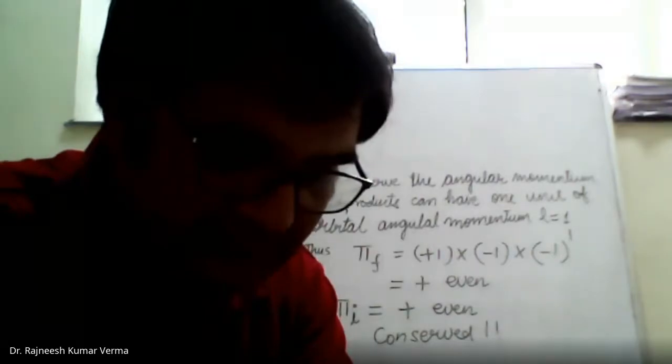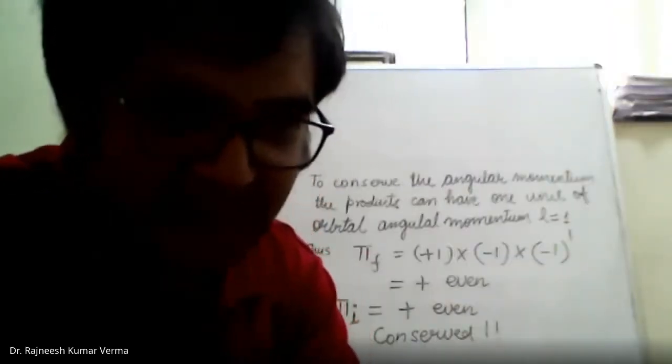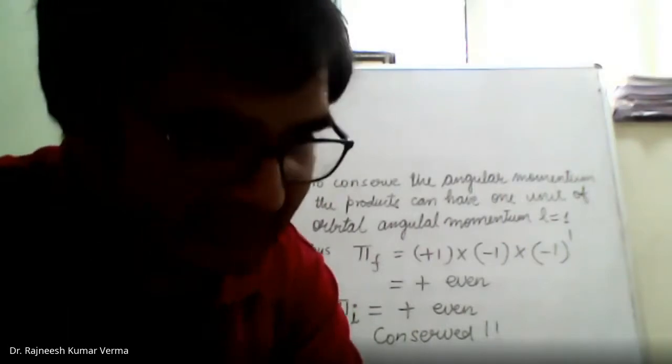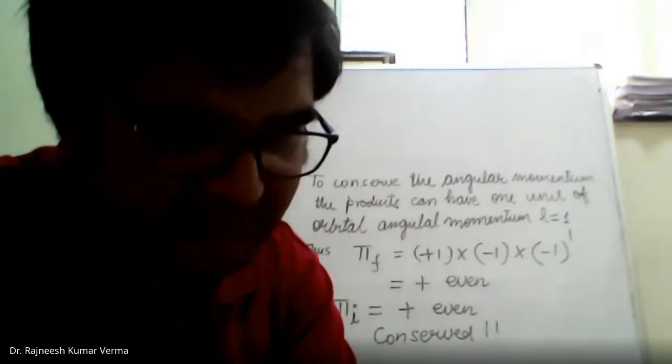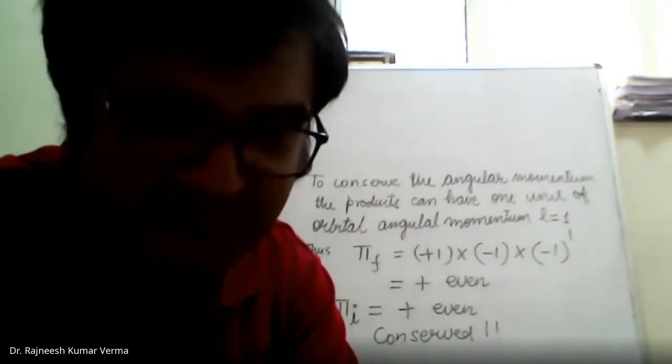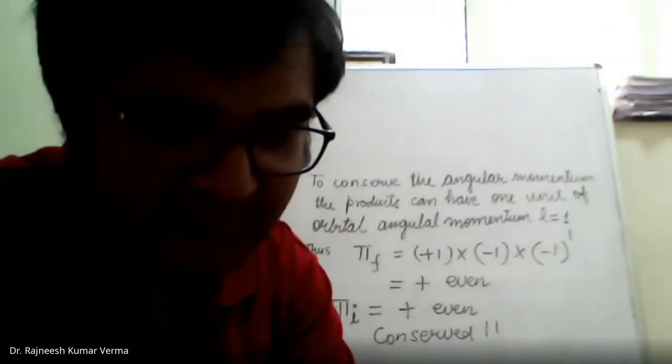Sir, how from this are we interpreting that L should be 1? Otherwise, how will you justify the conservation of angular momentum? See, in this case the spin is half for the cascade particle, and pions have spin 0. So to conserve the angular momentum, what will you do?